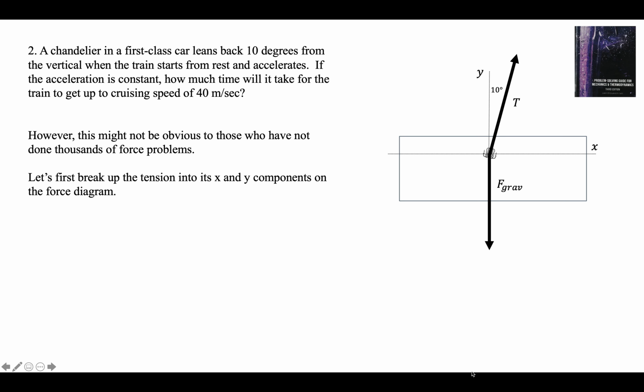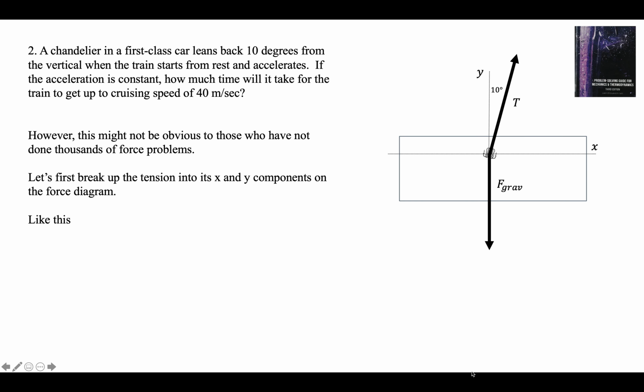So first, because we want to understand and we want to see the physics, we want to see what's going on, let's break up the tension into horizontal and vertical components on the force diagram. So instead of tension off at some angle of 10 degrees, we're going to put the x and y components on the force diagram, like this. See that?